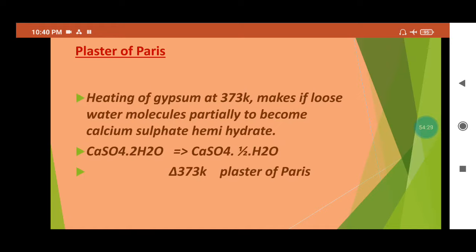Its formula is CaSO4.2H2O. Here I am taking the temperature as 373 Kelvin, that is 100 degrees centigrade. Now it loses 1.5 H2O molecules, then CaSO4.½H2O. Here is calcium sulfate hemihydrate. This is nothing but plaster of Paris.